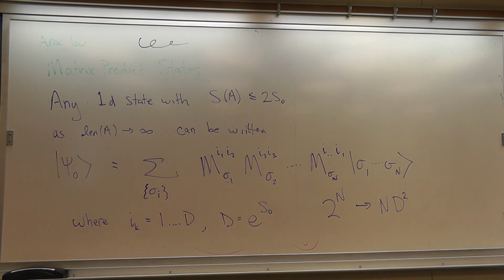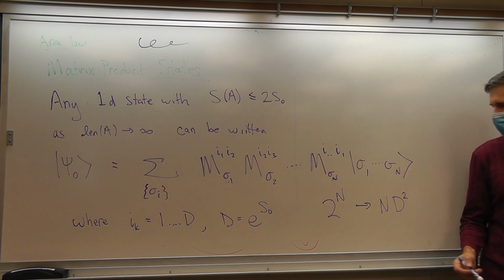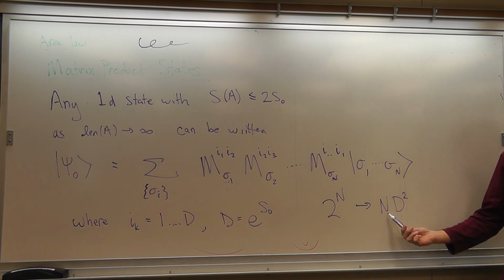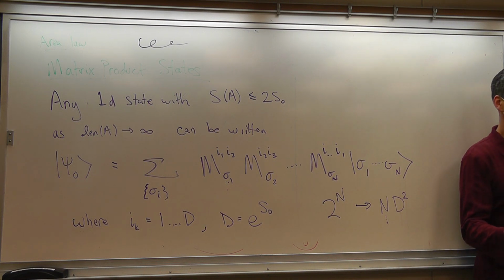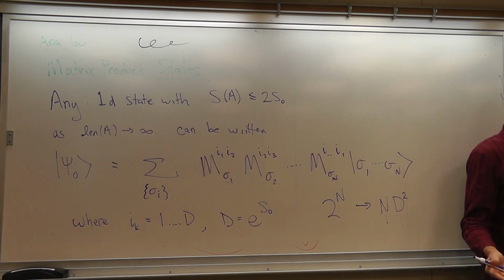And the important point is that when you take the system size to be very large, if it's translation invariant, you don't even need this n because all the matrices are the same.